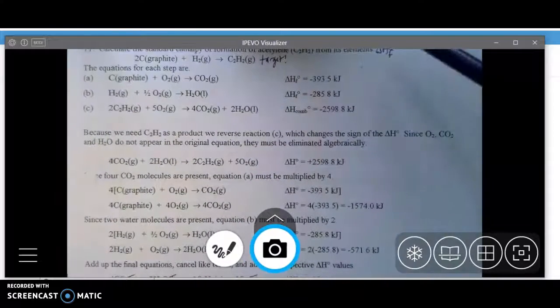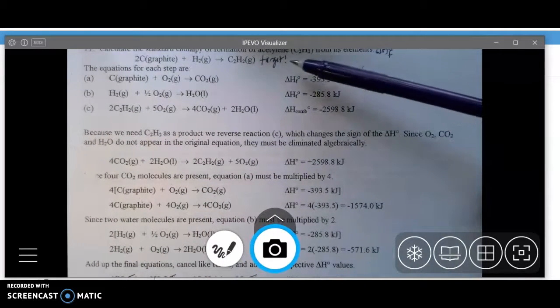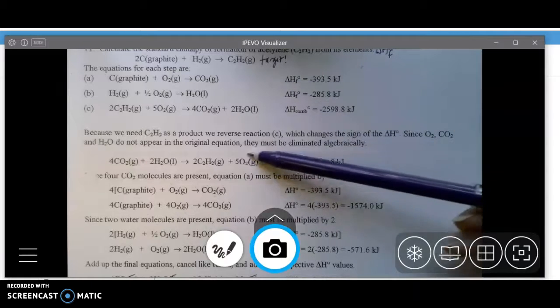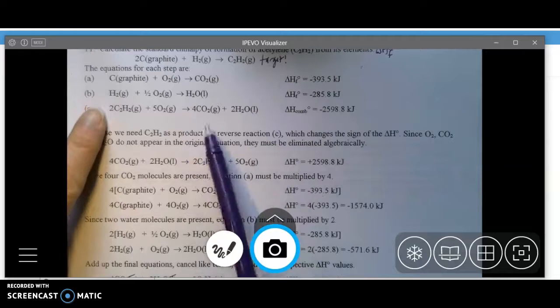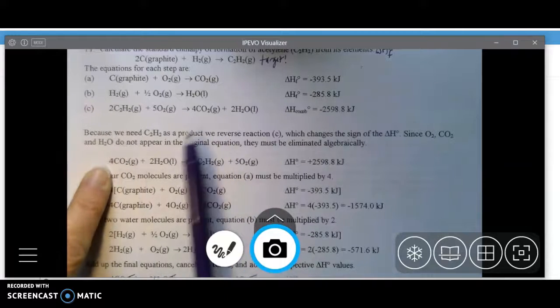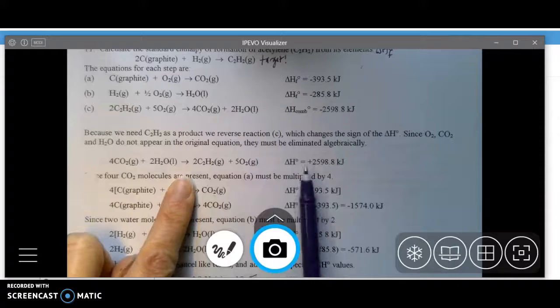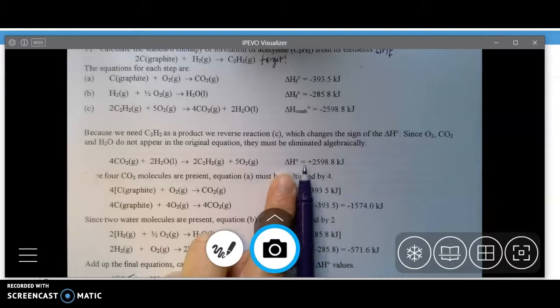So again, no CO2 or water in our target equation. So the first thing I do is rearrange this. So I'm just taking this equation and flipping it. So 4CO2, 2H2O, 2C2H2, 5O2. And since I'm switching it, it now becomes endothermic instead of exothermic, so I'm changing the sign.